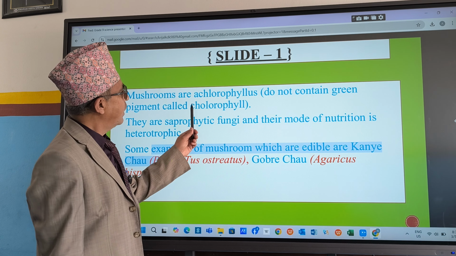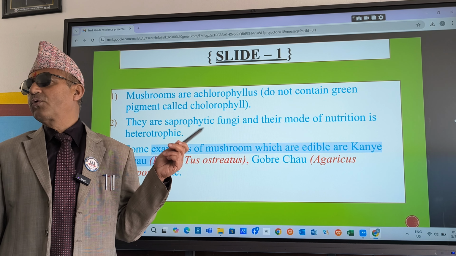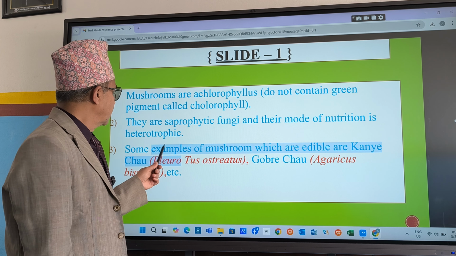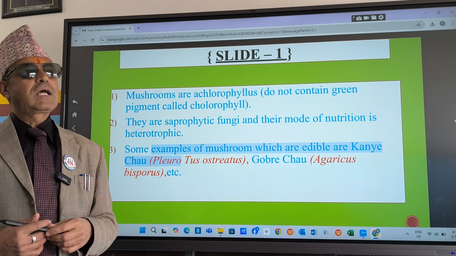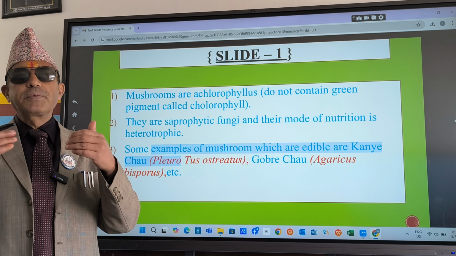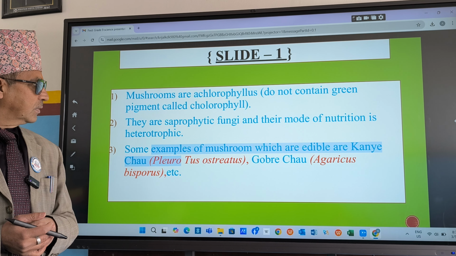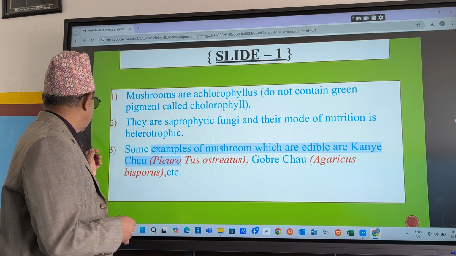Mushrooms are achlorophyllous, which means they do not contain chlorophyll. That's why they cannot manufacture their food. They are saprophytic fungi. Saprophytic means they obtain their food from dead and decaying matter, and their mode of nutrition is heterotrophic.